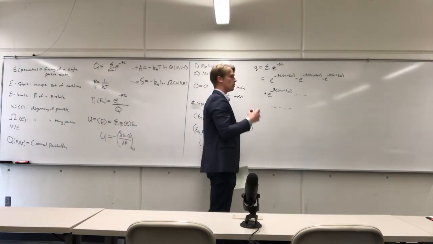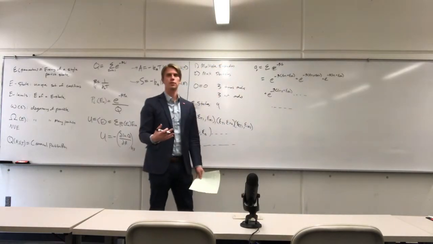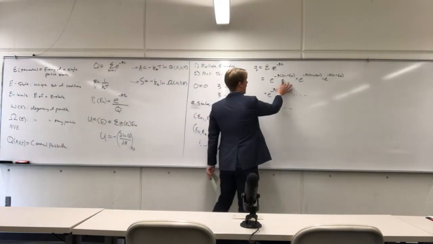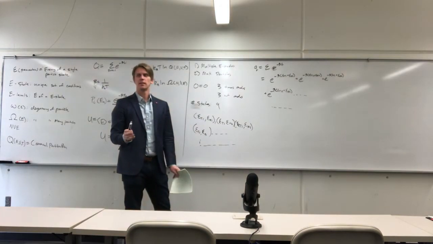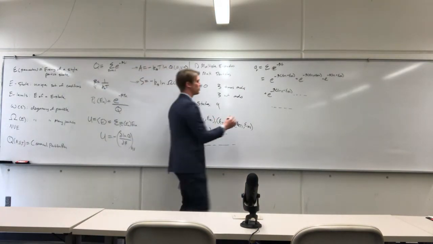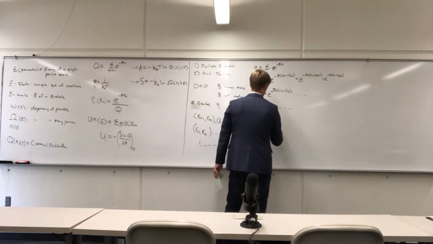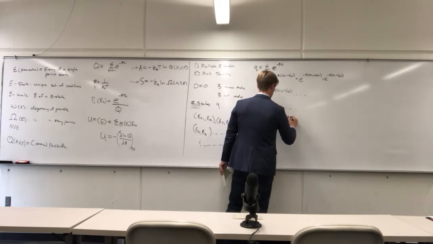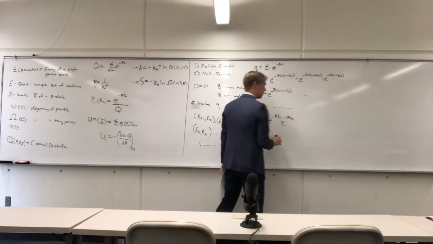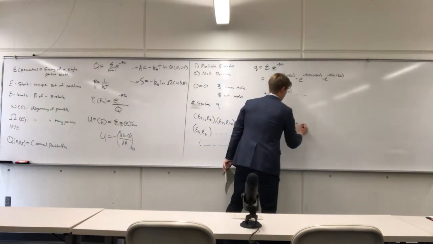Now, from exponent properties, if I add 2 numbers together in an exponent, how can I rewrite that? Just e, the product of 2. Yeah. They're multiplied together. So in this case here, it'll be e to the minus beta epsilon T1 multiplied by e to the minus beta epsilon rotation 1, plus a bunch of other junk, right?